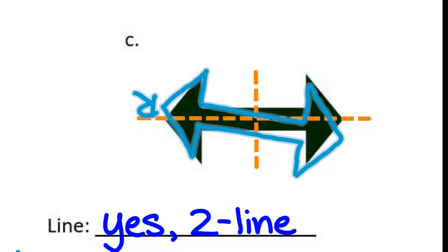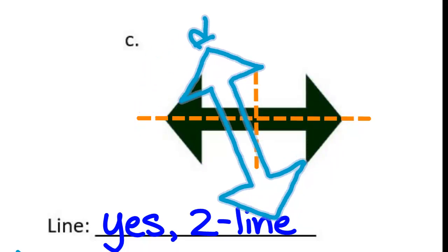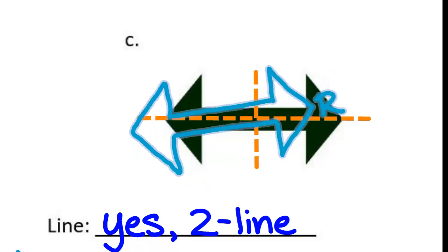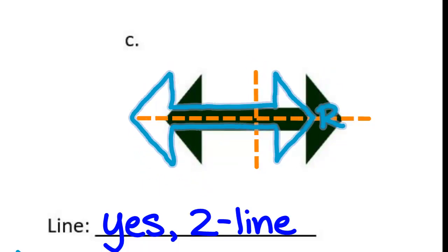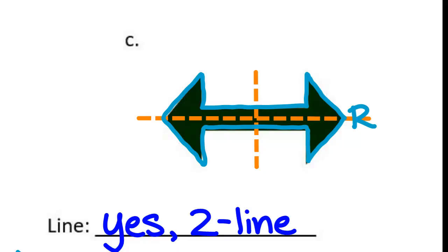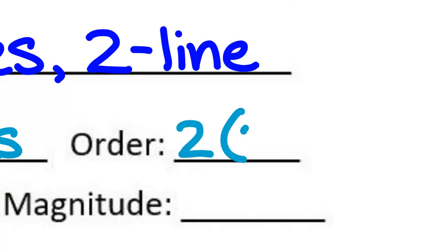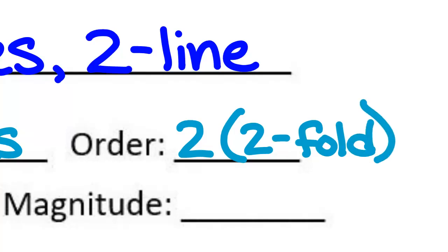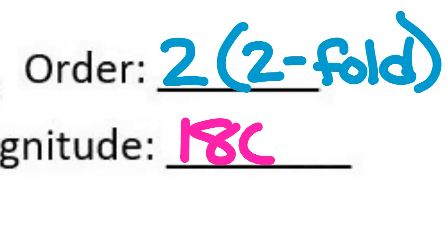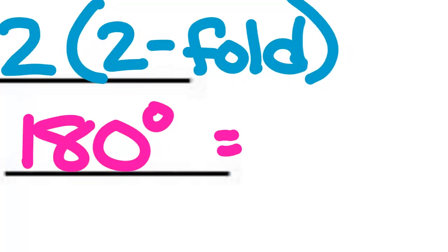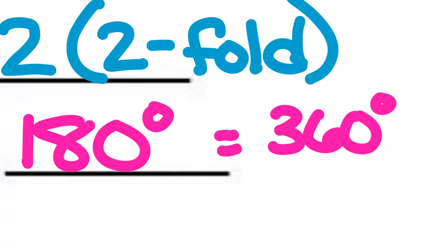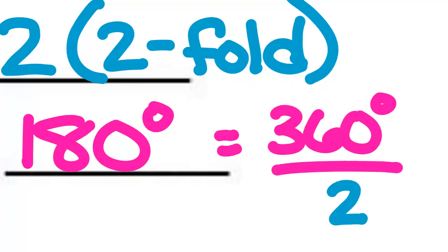Yes, there's 1, 2 total, because I can't stop anywhere else until I get back to where I started. So we can take it from here around and back to the beginning. So 2, or twofold, on my order. Which would give me a magnitude of what? 180 degrees. Which again is found by doing 360 divided by my order, which was 2.